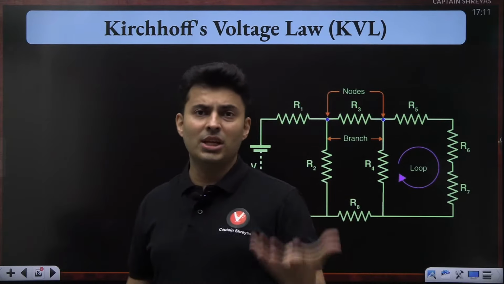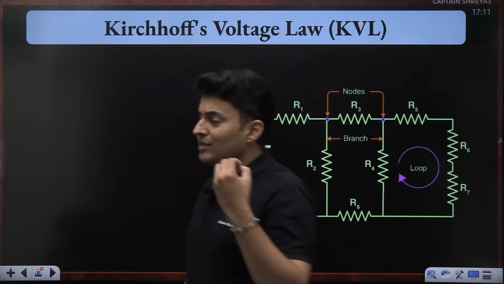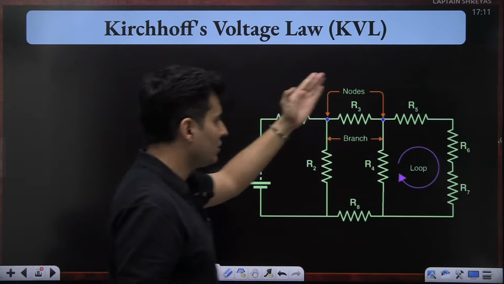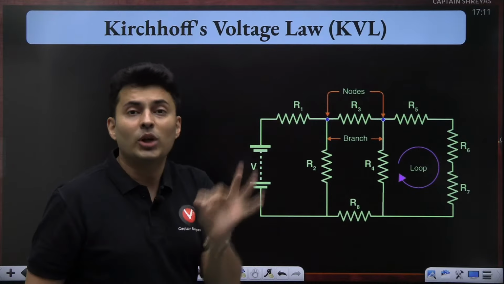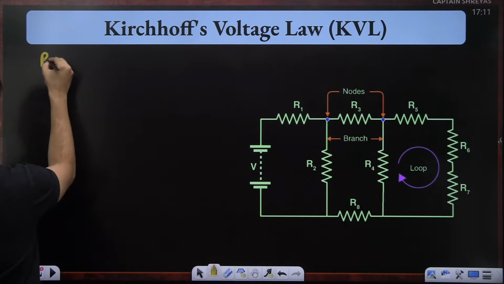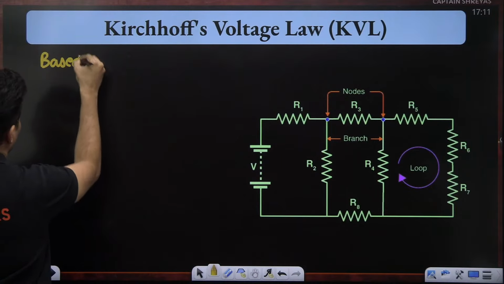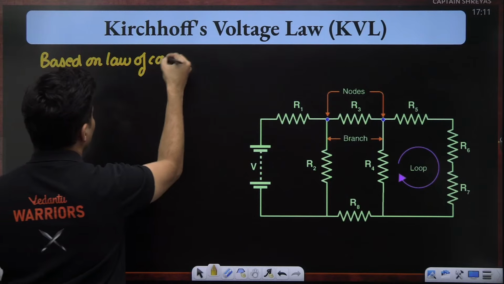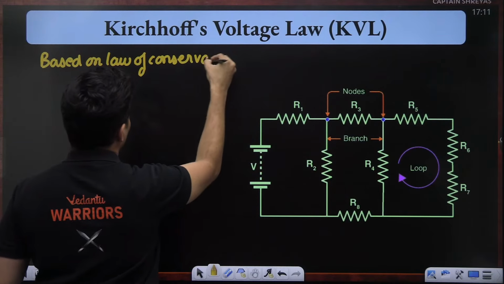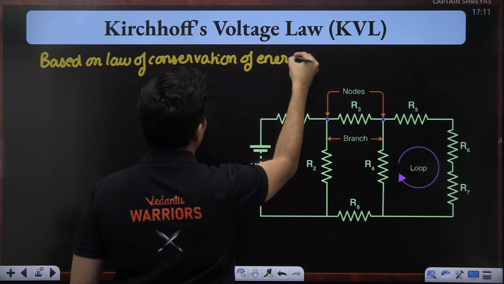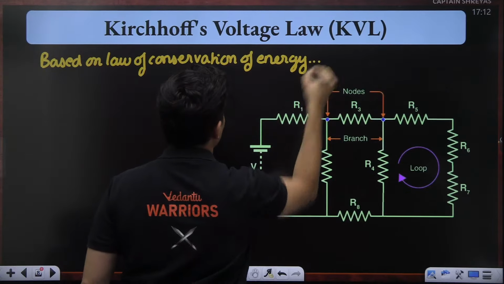Energy will be conserved. The potential energy will be retained. So there is no net change of potential energy. In the same way, there is no net change of potential. Hence, the net potential drop is going to be zero. This is completely based on the law of conservation of energy.